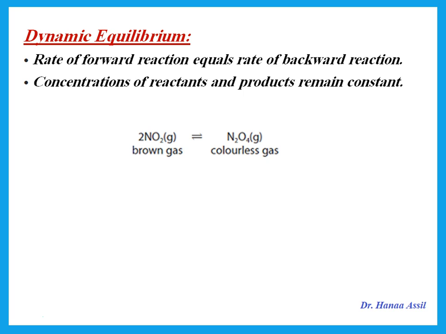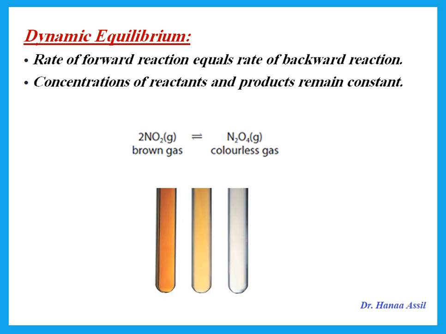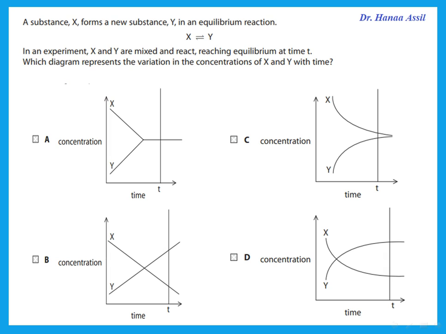For example, if we have NO2 gas, which is brown, it will form N2O4 gas, which is colorless, and then the colorless gas will form the NO2 brown gas again. But at dynamic equilibrium, they are somewhere in between, in which the concentrations of the NO2 and the N2O4 are constant. So this is dynamic equilibrium.